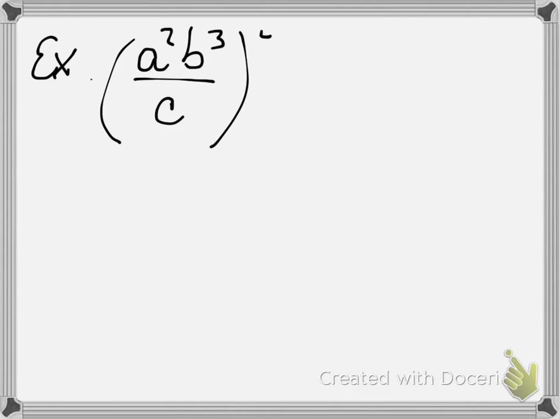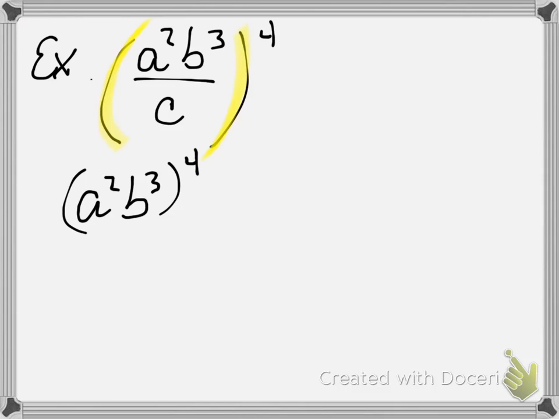Next example is a squared b cubed over c, all taken to the fourth power. So again, those parentheses are around the numerator and denominator, so I'm going to separate those out. I'm going to say a squared b cubed to the fourth over c to the fourth. Well, I know that I can take these and take them each to the fourth power.